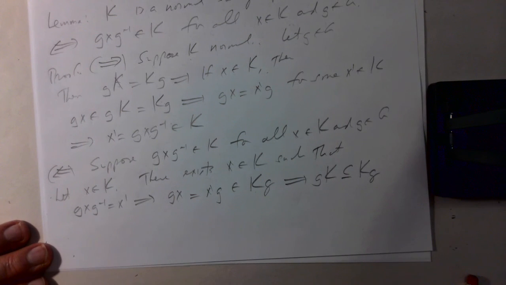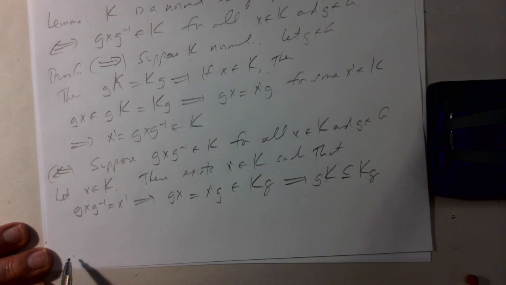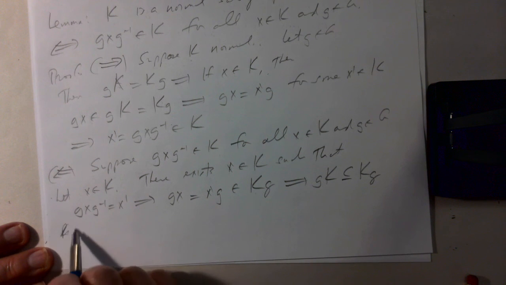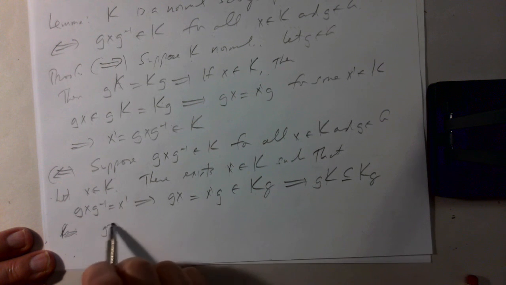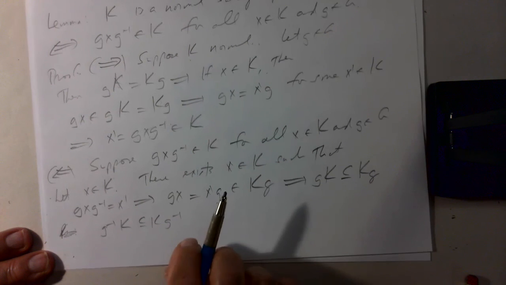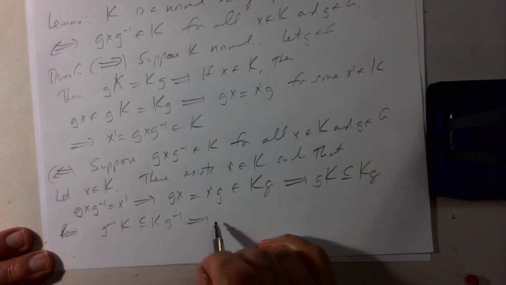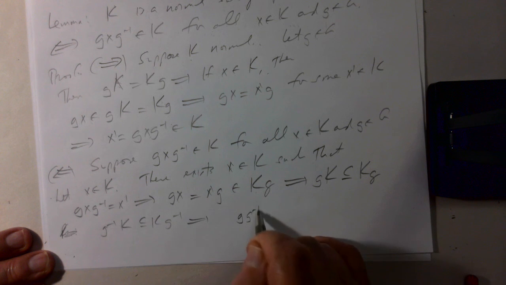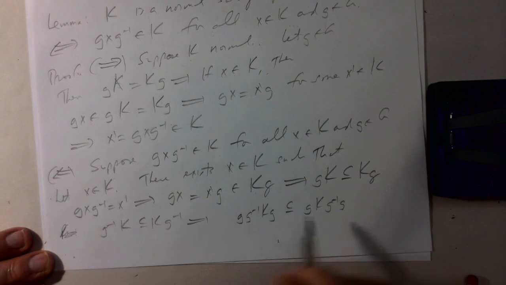And you can reverse the argument. This is true for all g. So g inverse K is contained in Kg inverse. And if I multiply on both sides by g, I get g inverse Kg is contained in gKg inverse g.